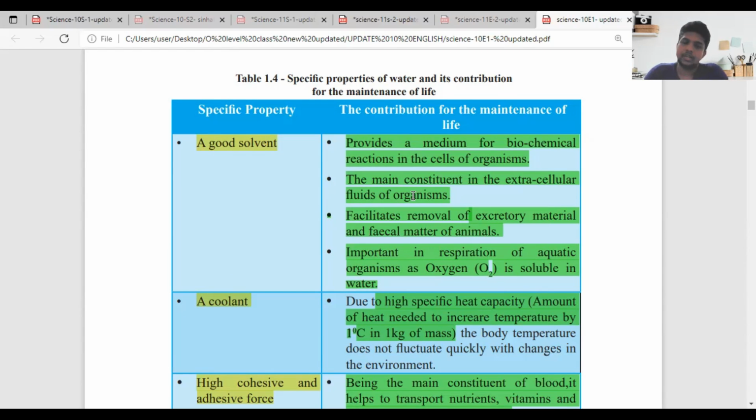Basically, when we consider this topic, we can't stop at this point, but for your O-levels, they have mentioned the most important ones. So when we consider the list of different properties of water, here they have given you the most important few.